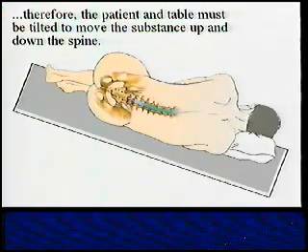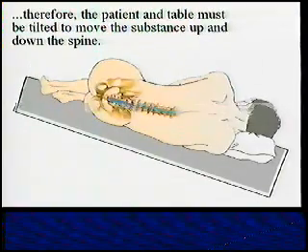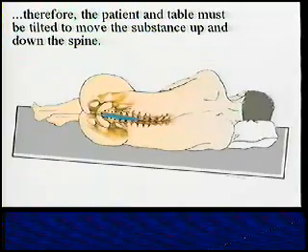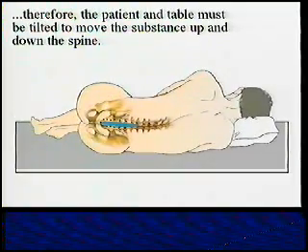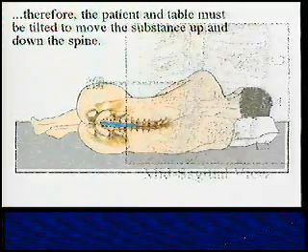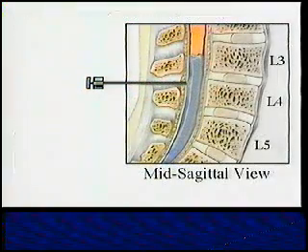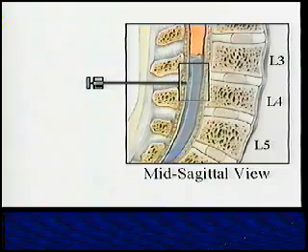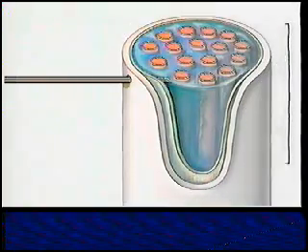In this case, the dye is moving into the thoracic area. One can extend the dye into the cervical area. Sometimes dye escapes into the basilar cisterns of the subarachnoid space around the base of the brain.